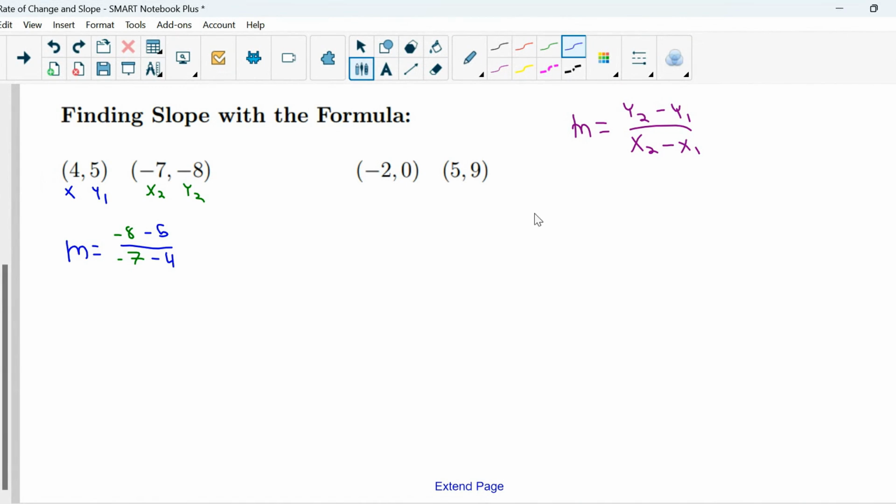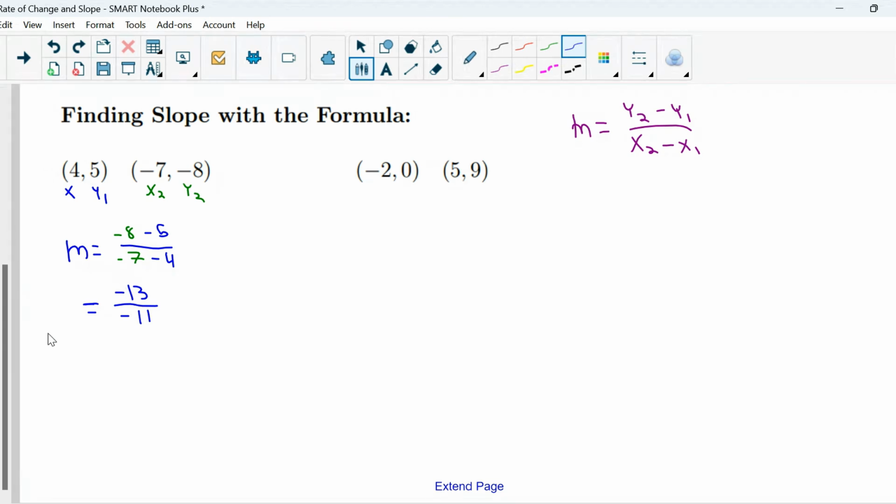Okay, let's go ahead and simplify this. This equals -8 minus 5, which is -13, all over -7 minus 4, which is -11. Remember, when you have a fraction, it's the same thing as division.